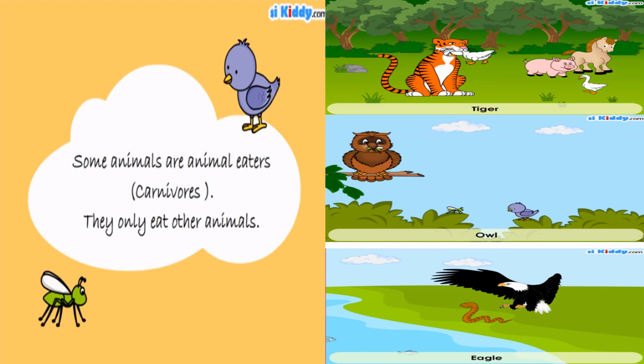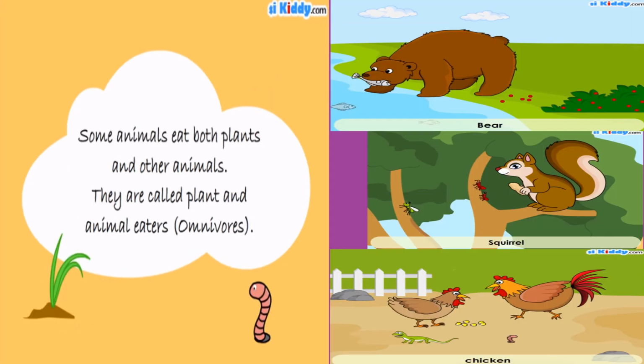Okay, some animals are animal eaters, or we call them carnivore. They only eat other animals. For example, here we can see tiger, owl, and also eagle. Okay, this slide will show you another type of eating habit, where some animals eat both. They eat plants and also other animals.